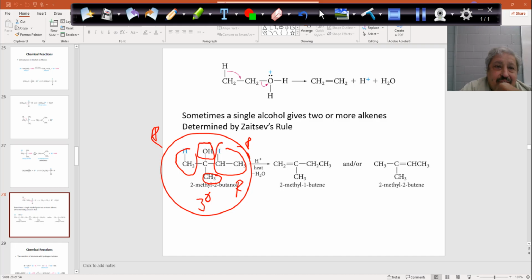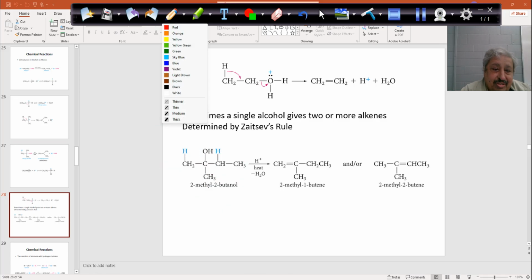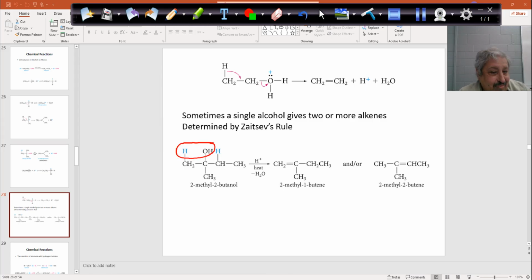Now, because most stable one, we can expect to produce alkenes. But this time, because of the fact that they are there adjacent to OH, adjacent to 2 hydrogens, we can expect to produce what? We can expect to produce, first of all, this one here. The second, we can produce this one here.